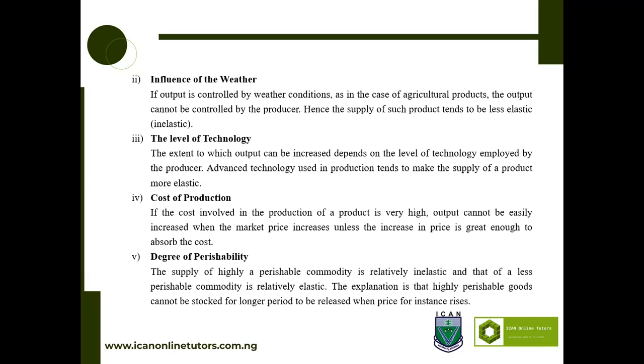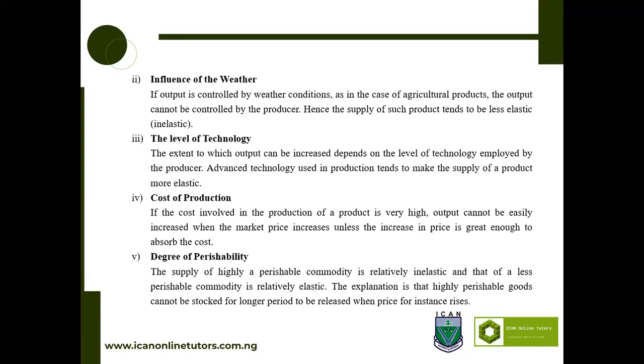We have degree of perishability as one of the determinants of price elasticity of supply. So the supply of a highly perishable commodity is relatively inelastic, and that of a less perishable commodity is relatively elastic.